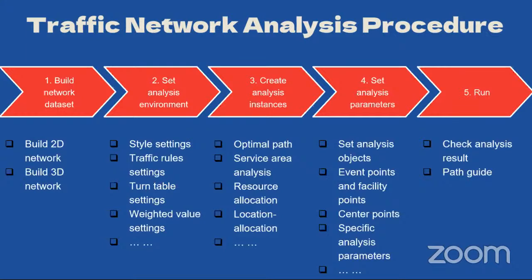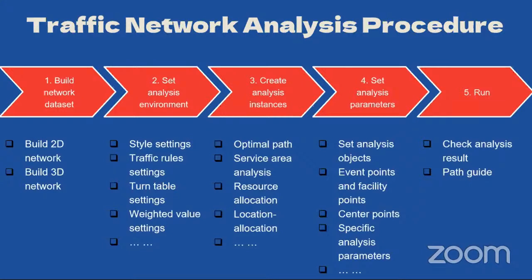After we are done setting the analysis environment, we will create a new instance of network analysis, such as optimal path analysis, service analysis, and others. After creating the analysis instance, we will set the analysis parameters. For example, when we perform a service area analysis, we need to set the service radius and whether the analysis direction starts at the service station, and so on.